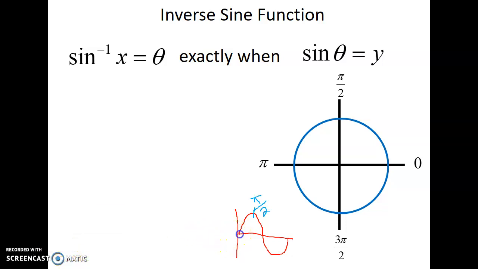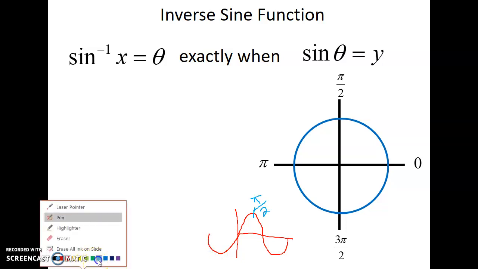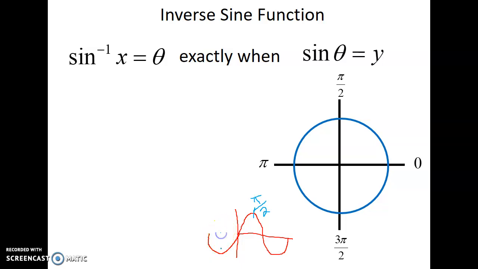If we go backwards in our graph, and we go down, then as we go backwards, we hit negative pi over 2. Here's negative pi over 2. And now none of the values are repeating themselves on the y terms.